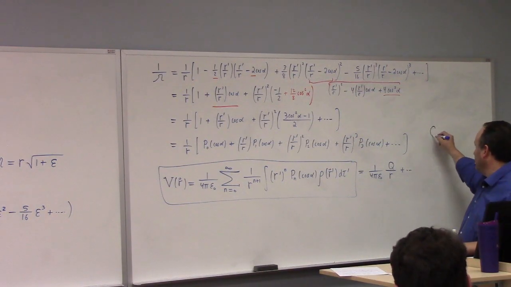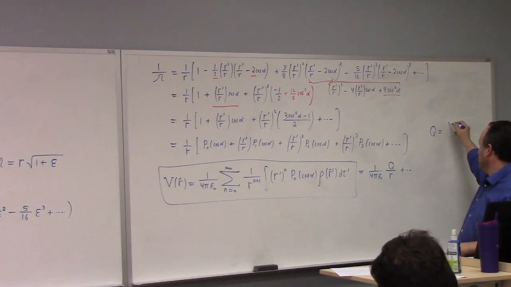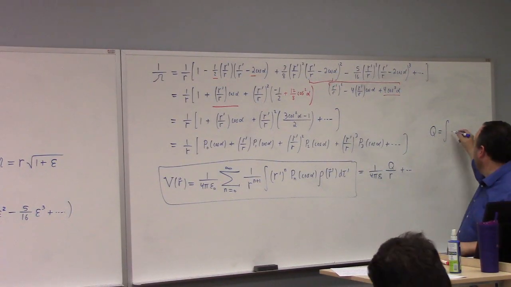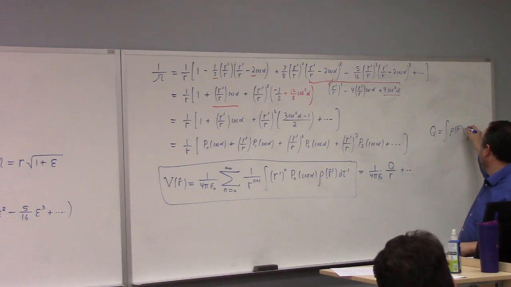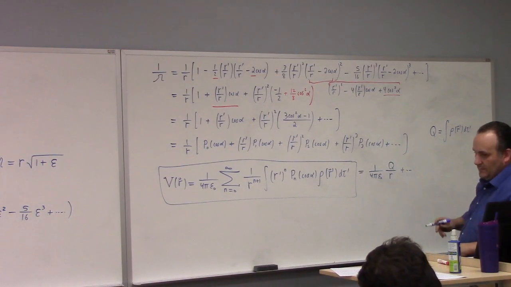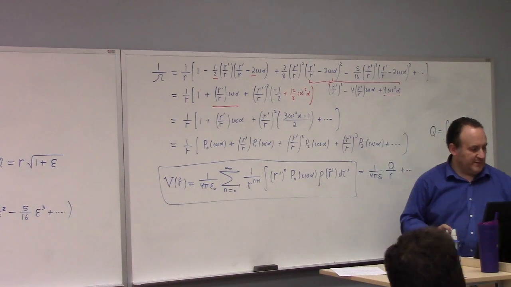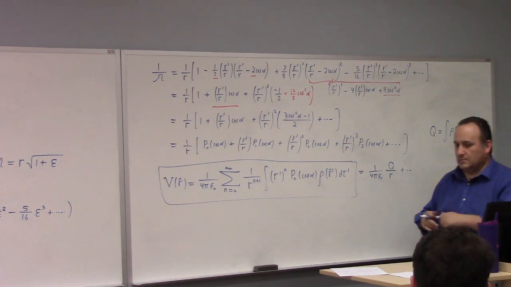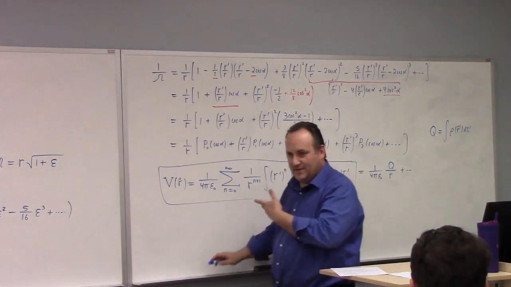Now here the q is simply the integral of rho of r prime d tau prime. My energy is waning. If you guys don't mind, I'm going to use the projector here for a bit. We made it through the really interesting part, at least.